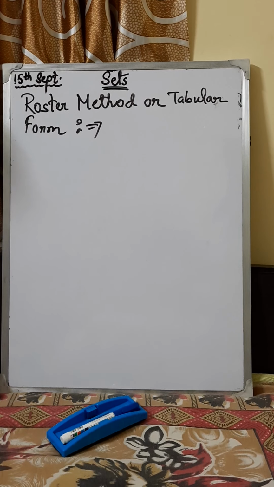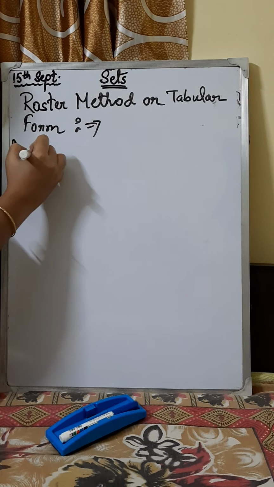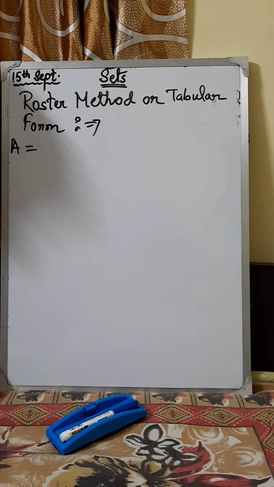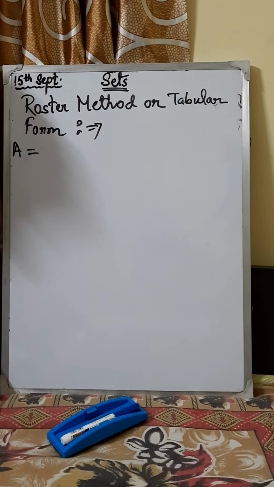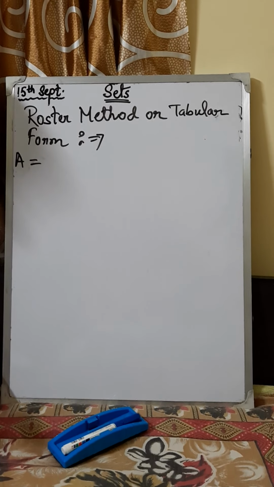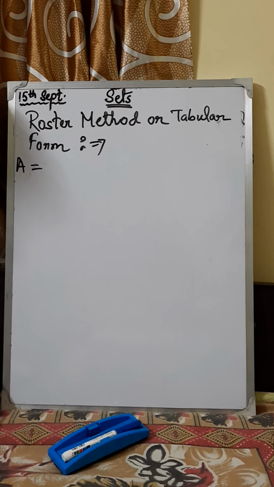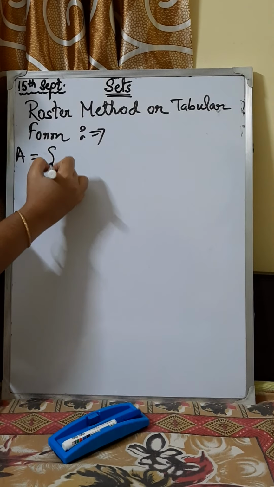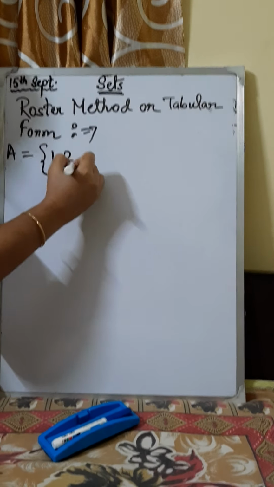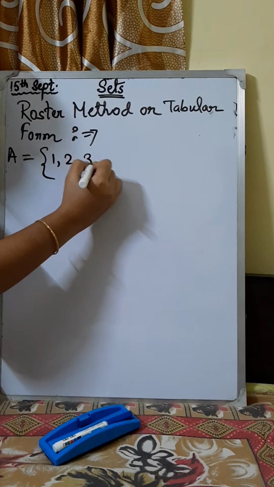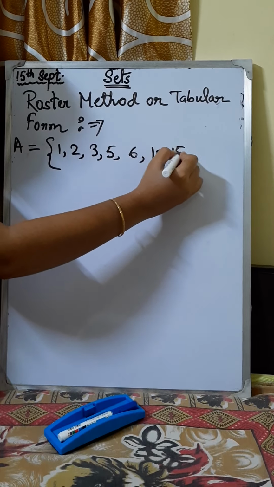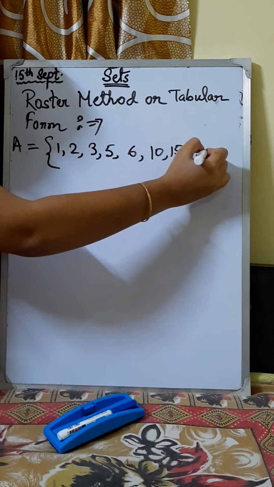Let A be the set of all factors of 30. You can write the factors of 30 in this manner: 1, 2, 3, 5, 6, 10, 15 and 30, right?